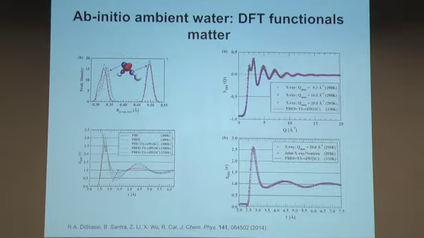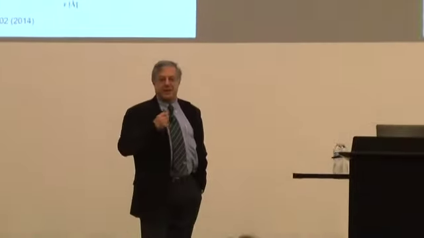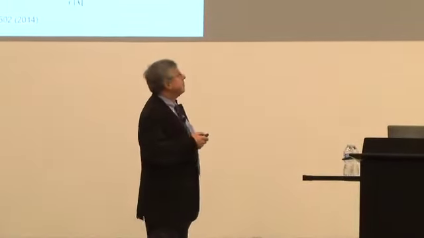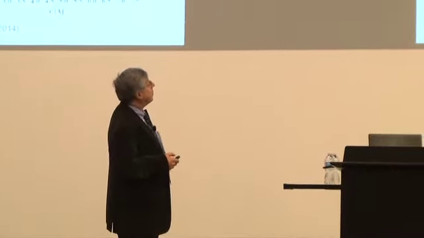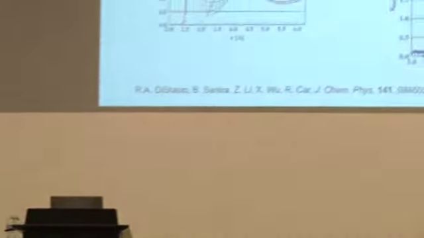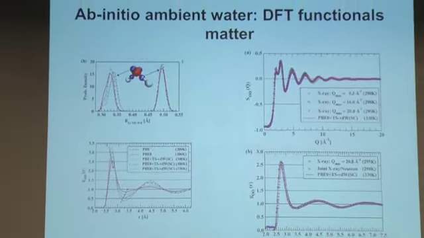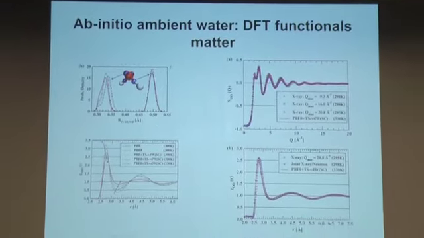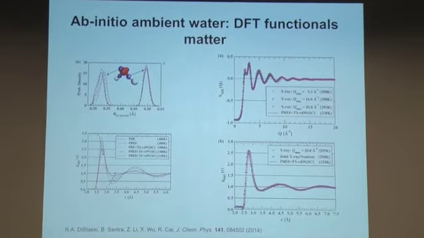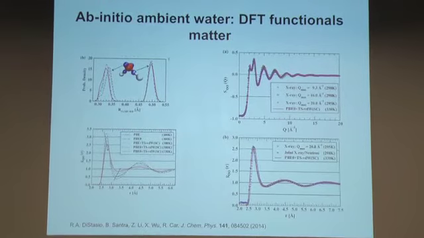Luckily, there were these GGA or gradient corrected functionals, and with those things improved quite a lot, but not sufficiently. So in order to do a good job for water, one has to use a functional, here we use this PBE0, that is a hybrid functional that includes a fraction of exact exchange, and also we use a self-consistent van der Waals correction that was introduced by Tkatchenko and Scheffler.